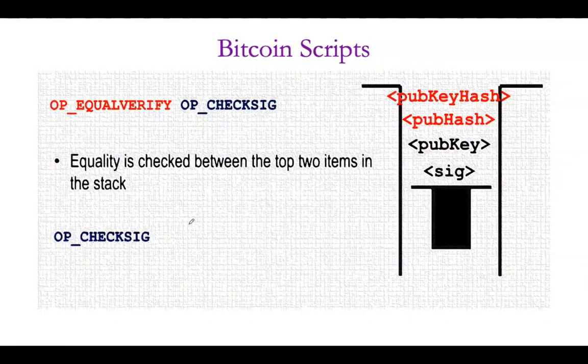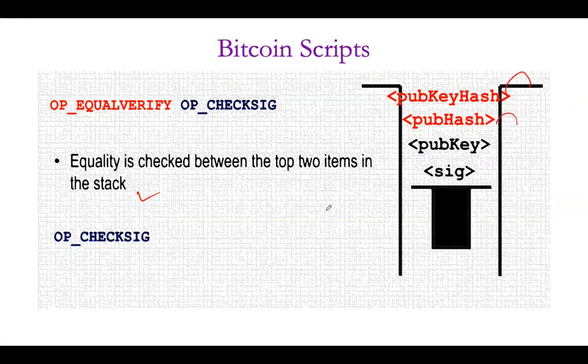So that is the operation to check whether the two inputs are the same or not. So the equality is checked between the top two items in the stack. How will this equality be checked? This will be popped out, this will be popped out, and both are going to be compared.